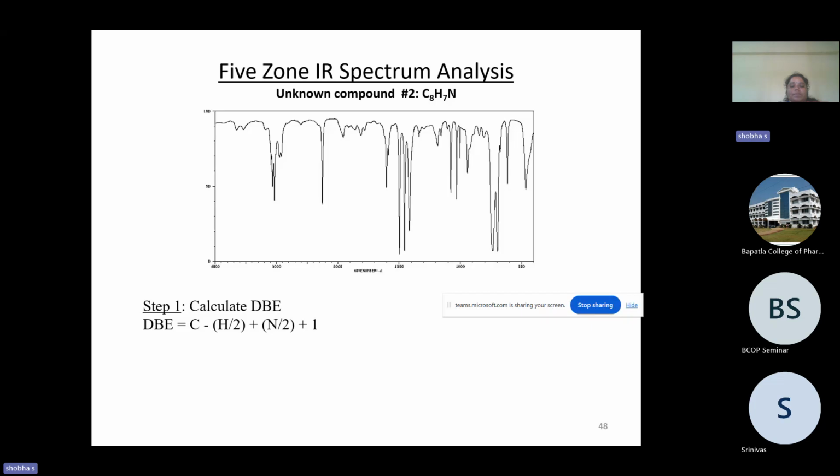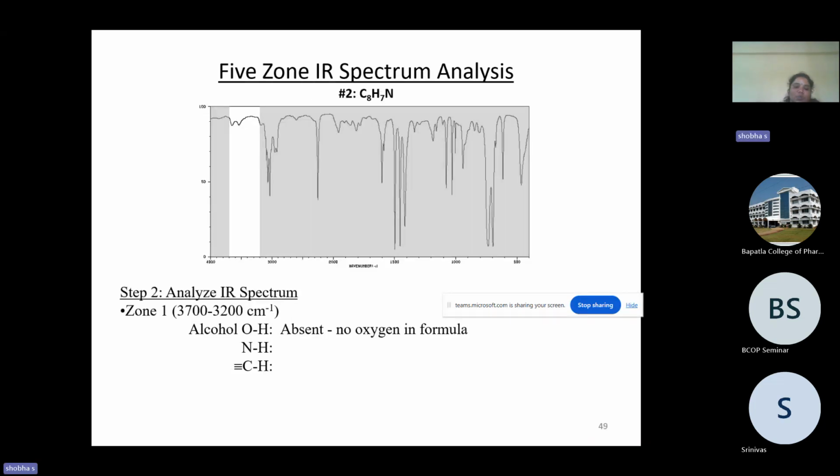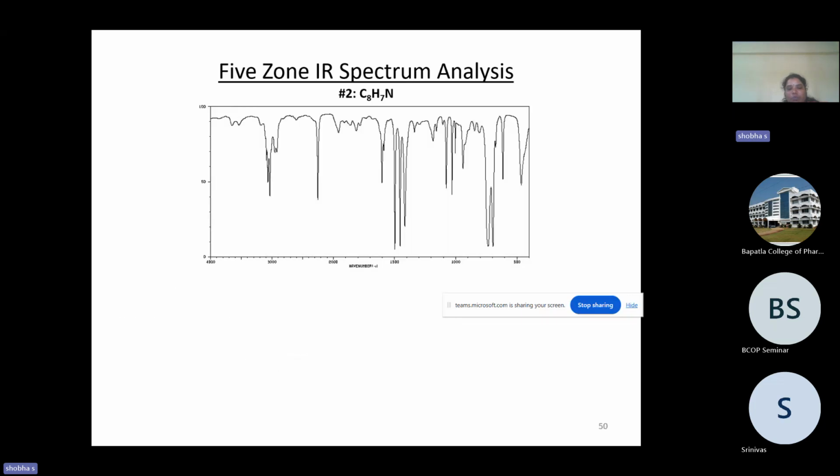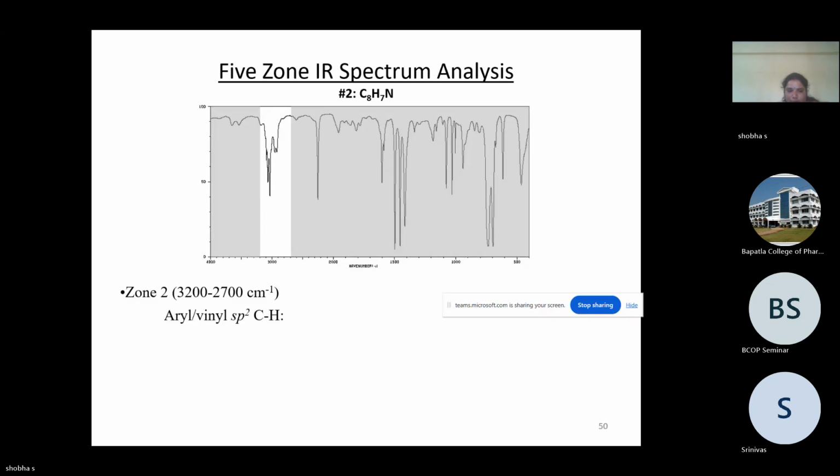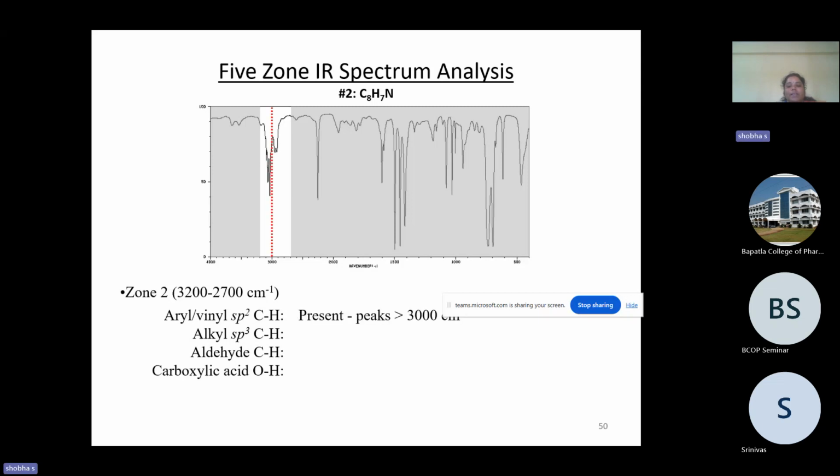There is amine in the formula, but not that sharp a peak in zone 1. And also this CH stretch is not there in zone 1. Next, zone 2, where we are going to see the aliphatic as well as the aldehyde. See clearly, there may be some aliphatic stretch.